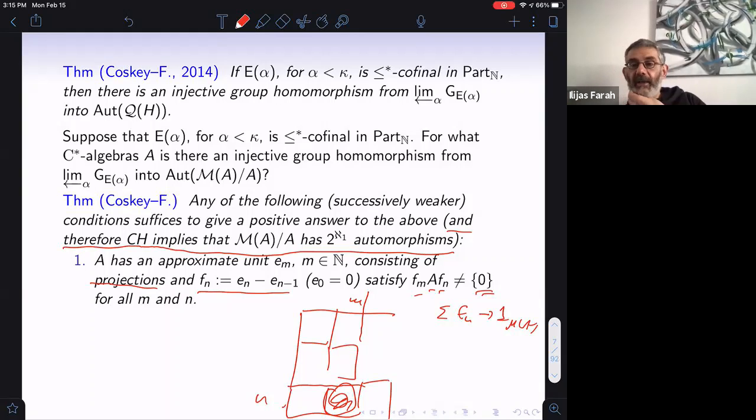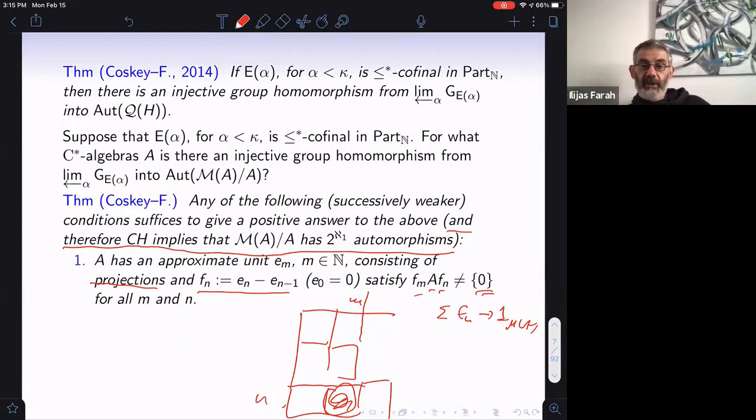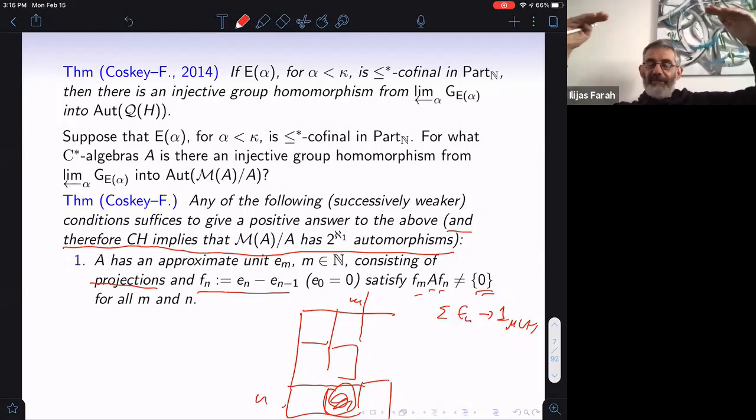Here I'm thinking of elements of the multiplier algebra as these big matrices over corresponding corners of A. Now, this is exactly what you need to make sure that when you're branching at a successor stage, when you choose a unitary which belonged to the previous group F alpha but doesn't belong to F alpha plus 1, that branching actually has different actions on these elements.